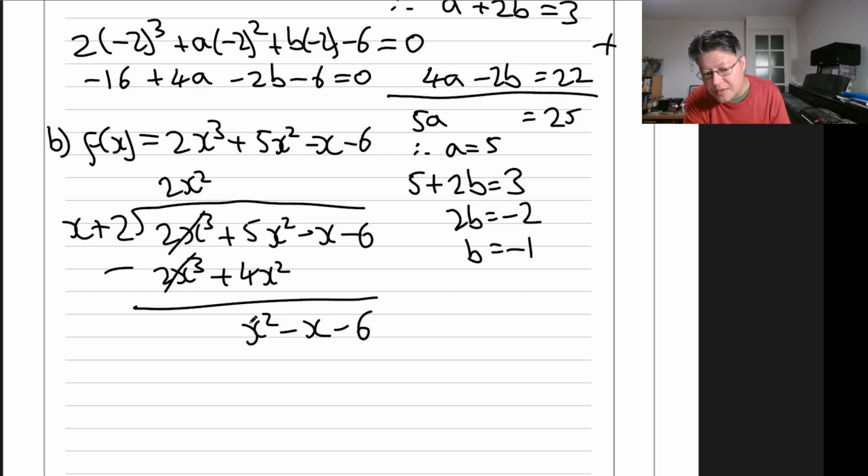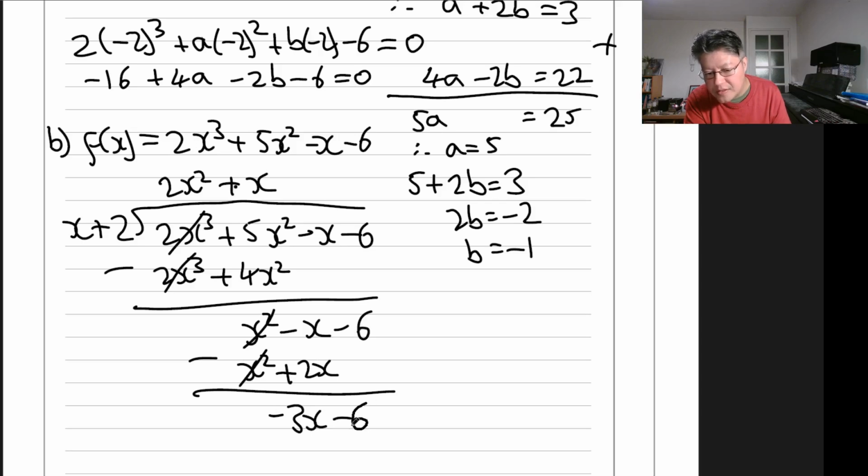So how many x's fit into x squared? It fits in x times, and then x times both of them. So x times x is x squared, plus x times 2 is 2x. Subtraction, the x squareds cancel. Minus x minus 2x is minus 3x.